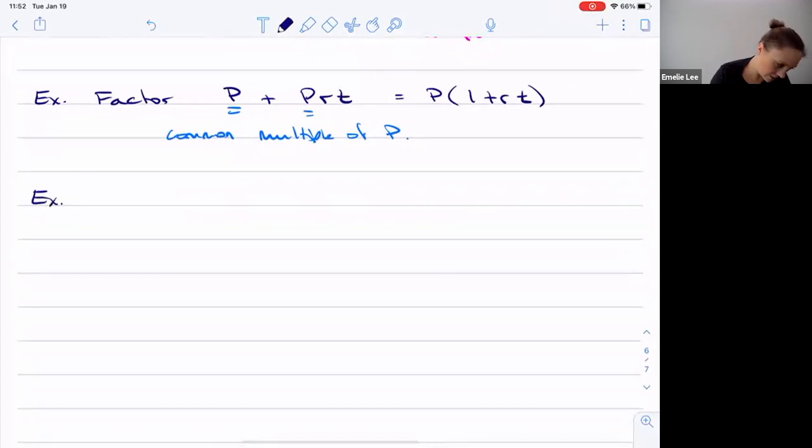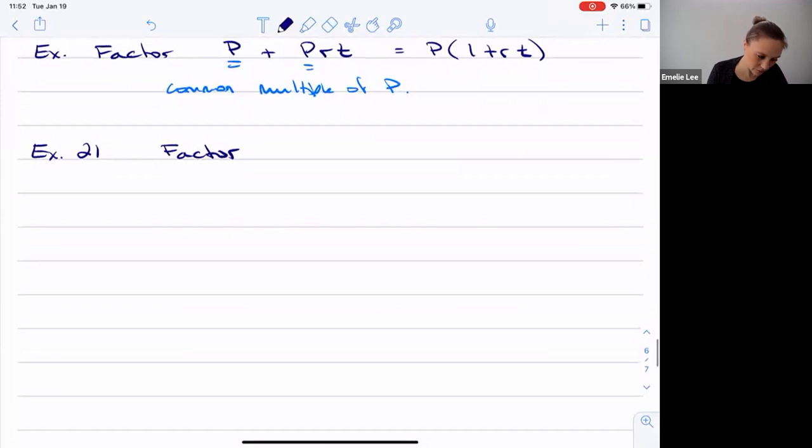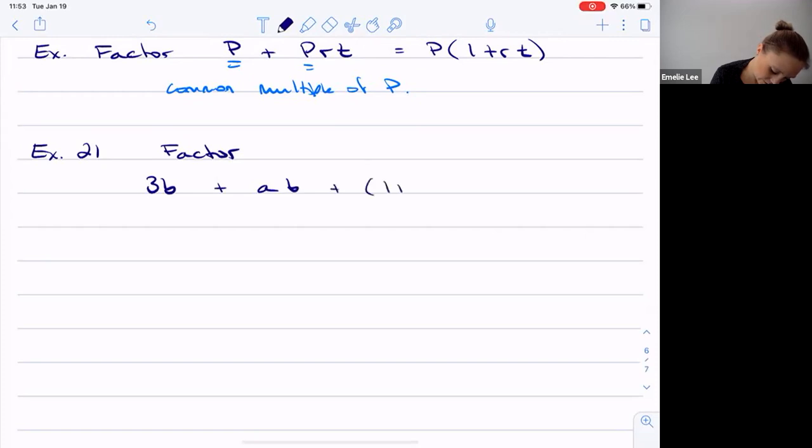How about another example? This is number 21 from the textbook, although it could change, so those numbers don't really make sense. What if I have to factor something like 3b plus ab plus (1 plus t) times b? Just some terminology: each lump here is called a term, okay?